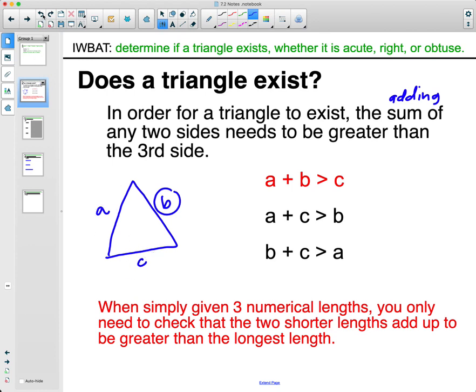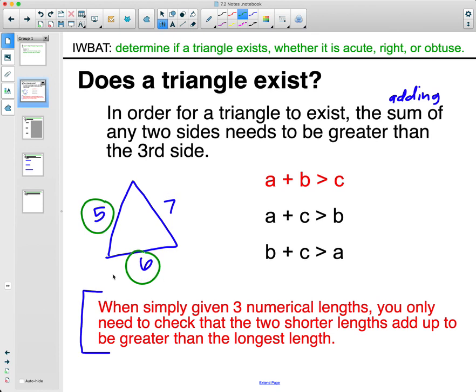So that is if you are just given expressions. If there are actually just numbers on the sides, like if you see 5, 7, and 6, then you only need to check that the two smaller numbers, the 5 and the 6, are bigger than the third one or not.